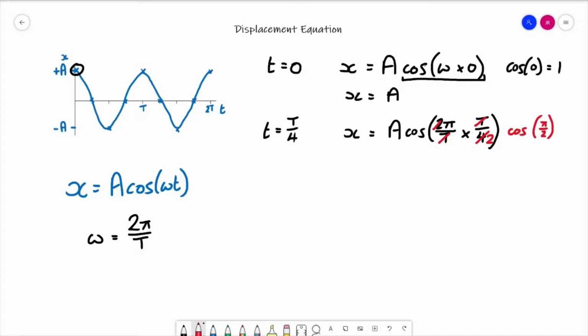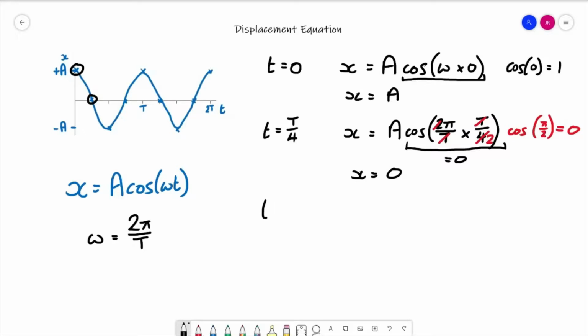Of course we're working in radians. Cos of pi over 2 is the same as cos of 90 degrees, which is 0. So this bit is equal to 0, and therefore the displacement is also equal to 0. Coming back to the graph, once again, that's exactly what we expected.